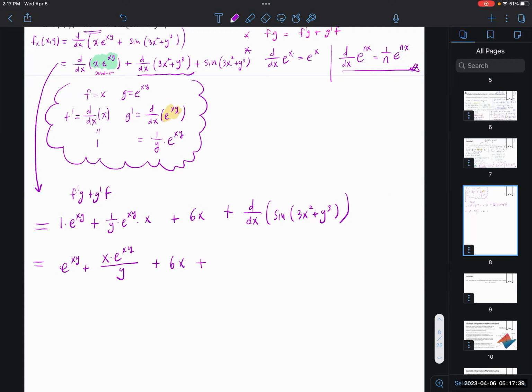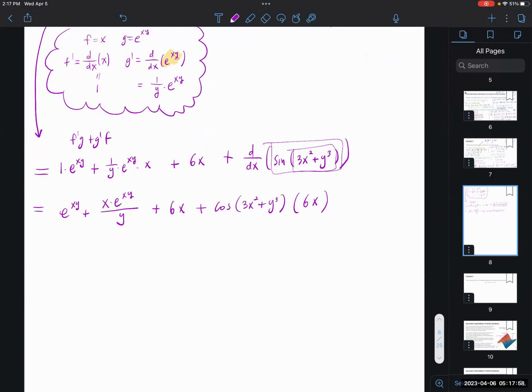And then you're gonna take the derivative outside and inside. So sine will be cosine, cosine of 3x squared plus y to the third, and inside, right? That would be 6x and the inside is gonna be 0. So if you really rewrite it, that's gonna be the answer.